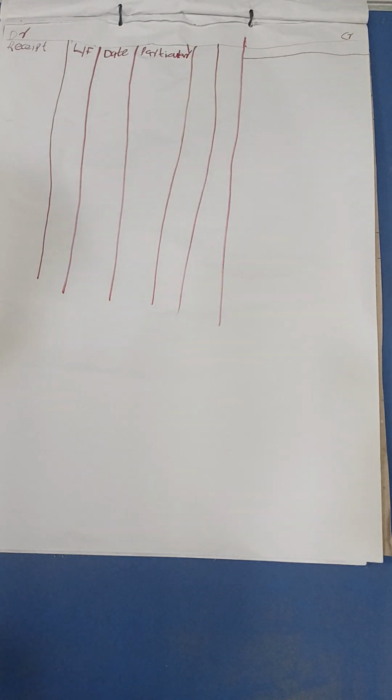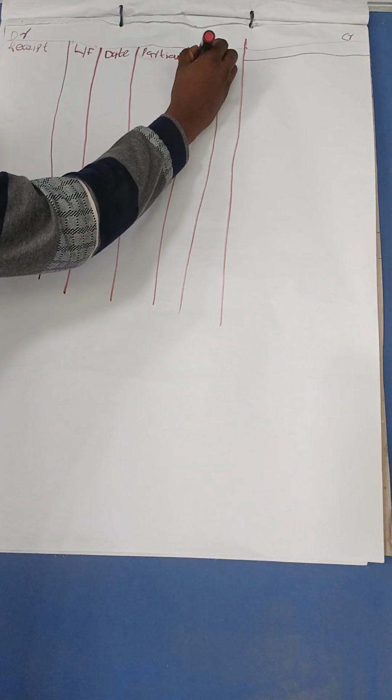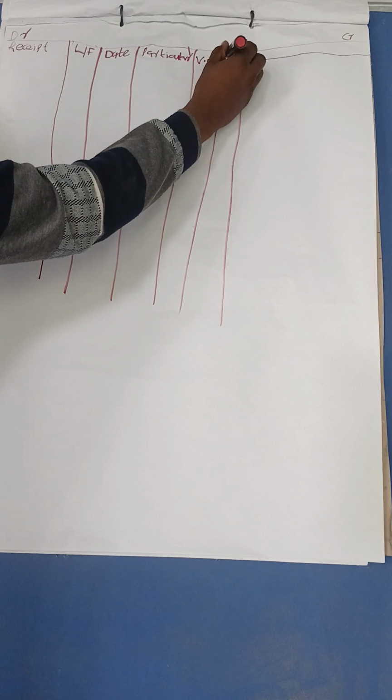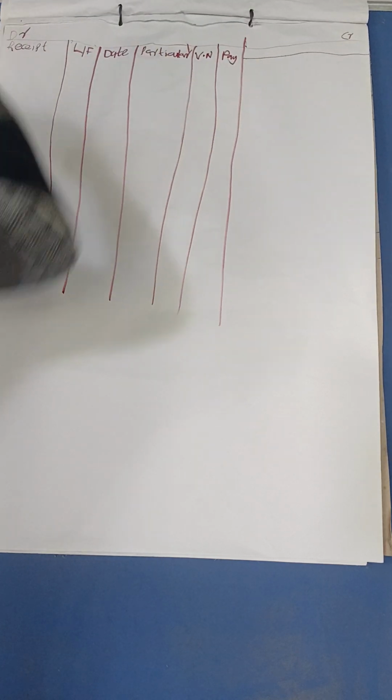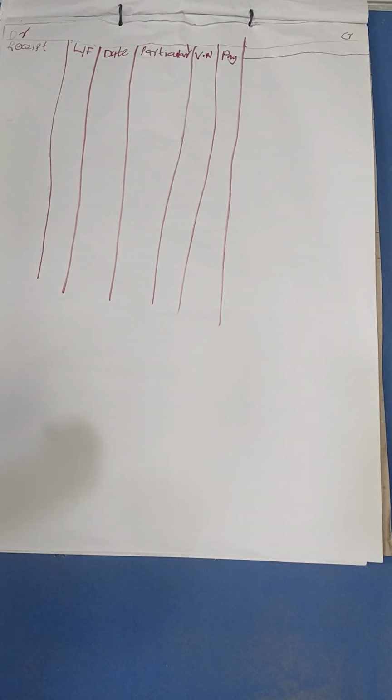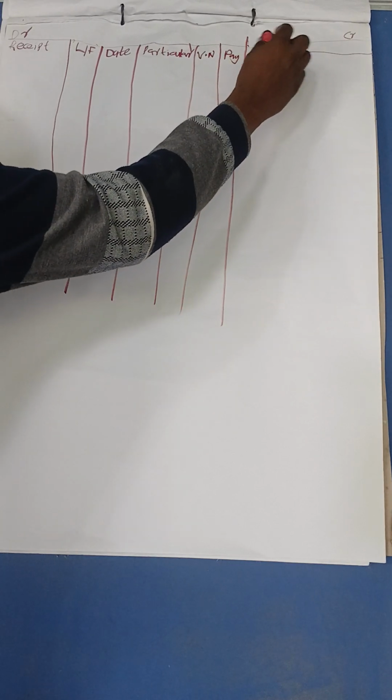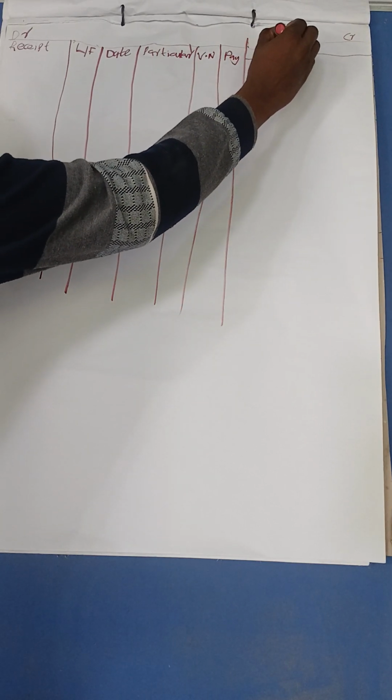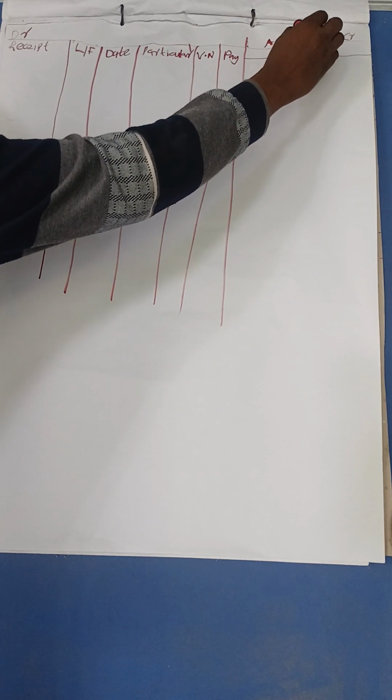After particulars I will have voucher number, and then payments. And then this one, as I told you, the analytical column. You can write right here analytical column.